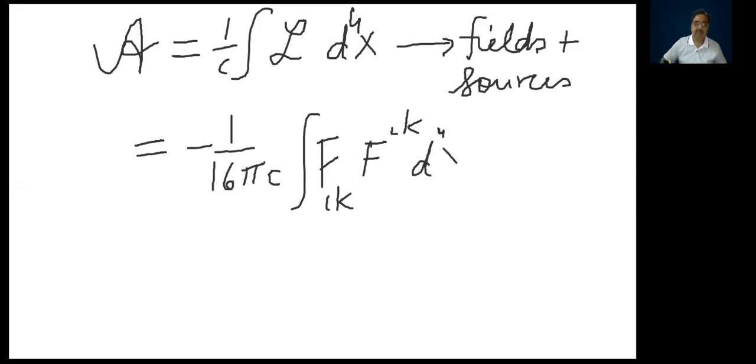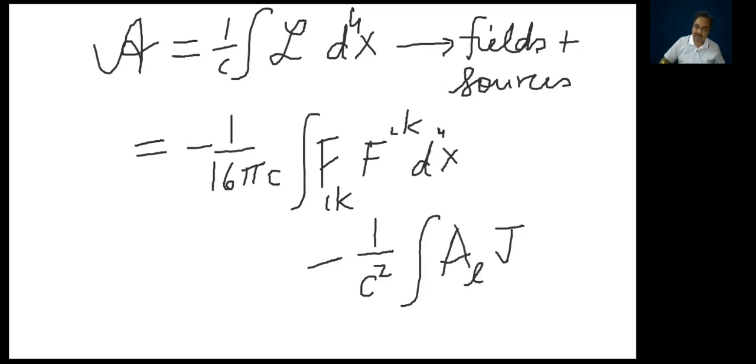This will be the action just due to the fields, and then minus 1 over, we had c there, so it will become now c square, and then you can write A L J L, right, or whatever you like.